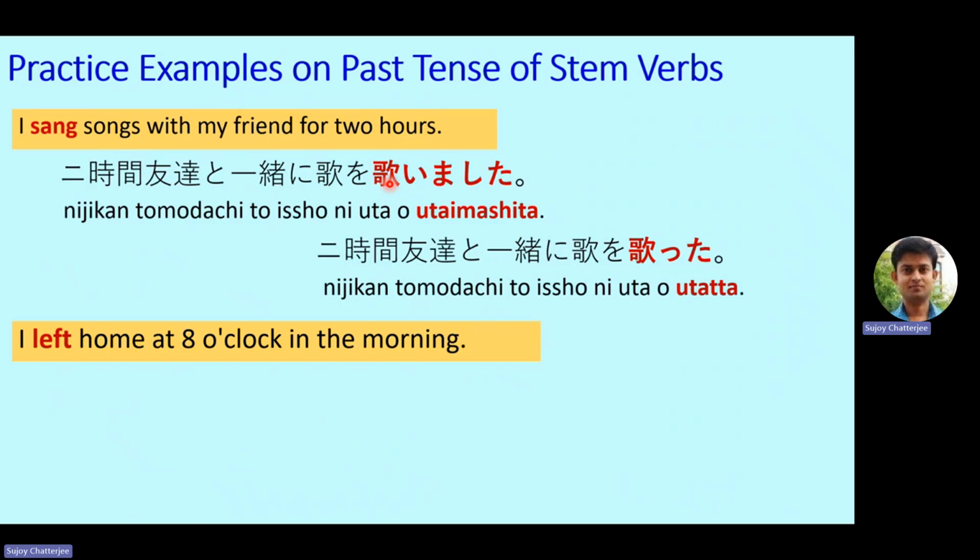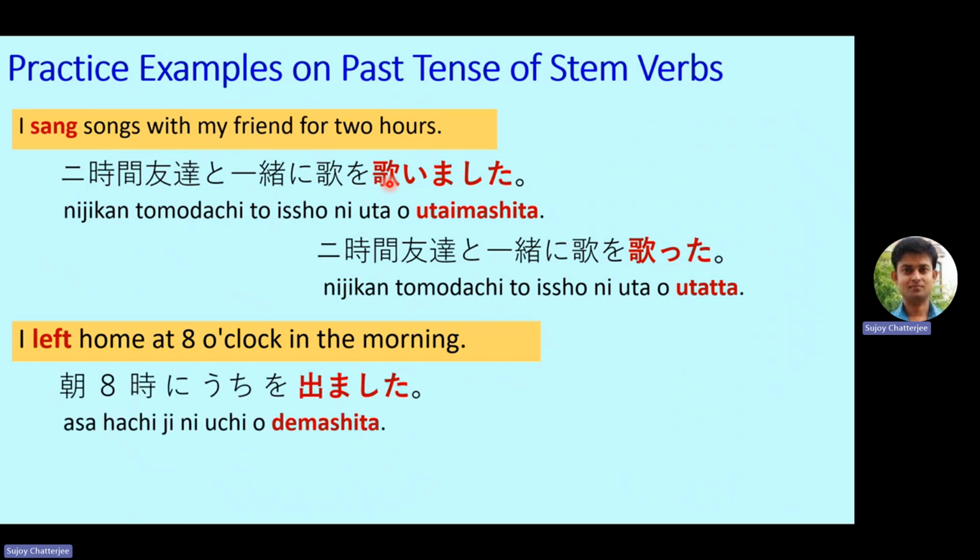The next example is I left home at 8 o'clock in the morning. Asa 8時 ni uchi o demashita. Now demasu means to exit, that is to leave. As you can see here, this is the kanji for exit. You will see this kanji in public places where they mean exit. So exit from there, enter, exit. This is the symbol for exit.